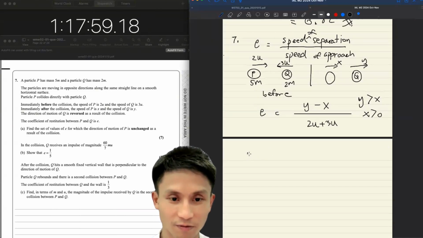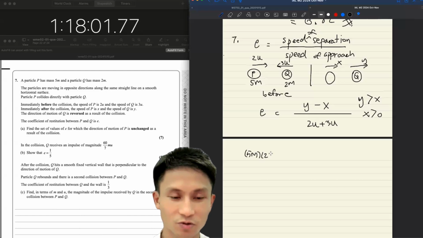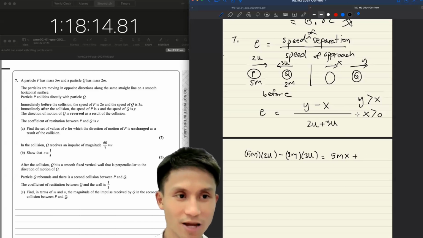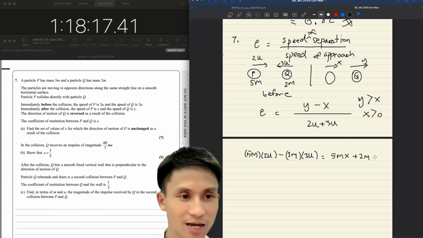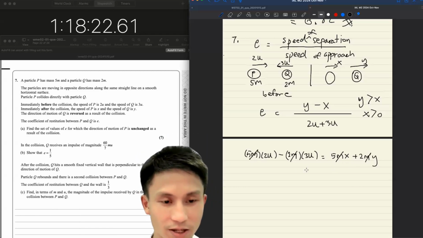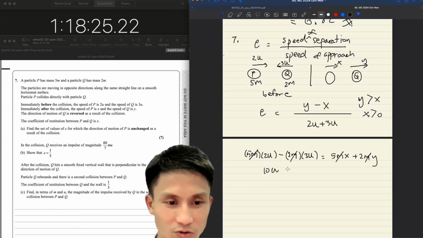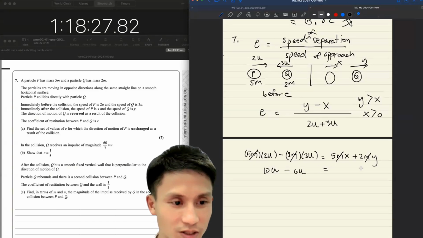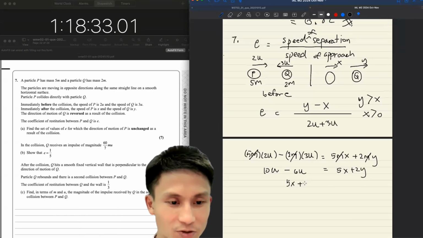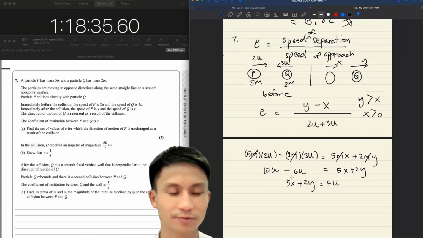So this is 5m times 2u minus, taking positive as to the right again, equals 5m times x to the right, also to the right, 2m times y. The m all cancel there, and we have 10u minus 6u equals 5x plus 2y. So 5x plus 2y equals 4u.